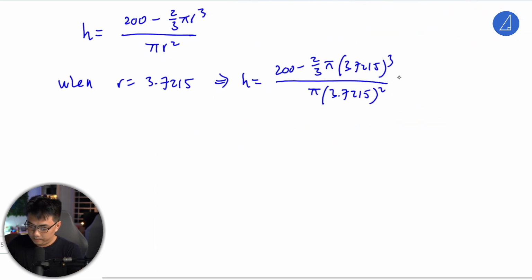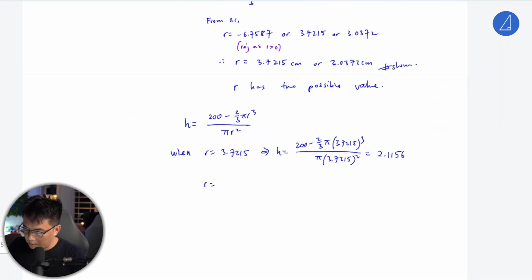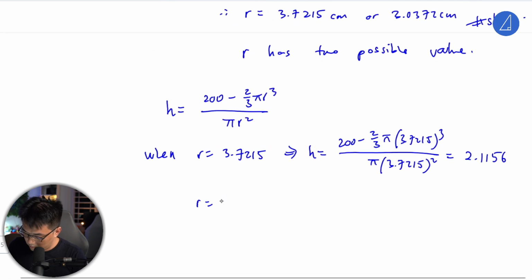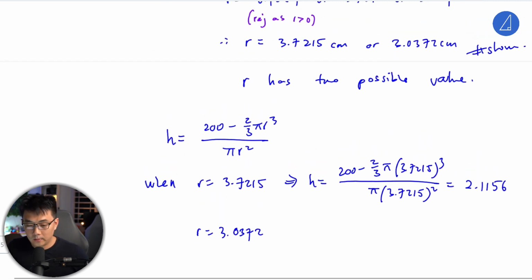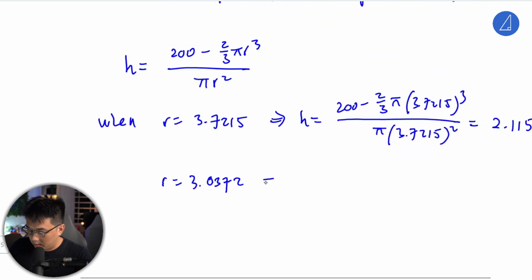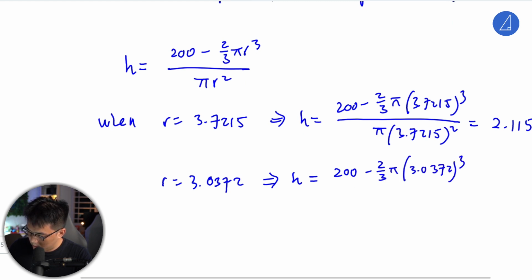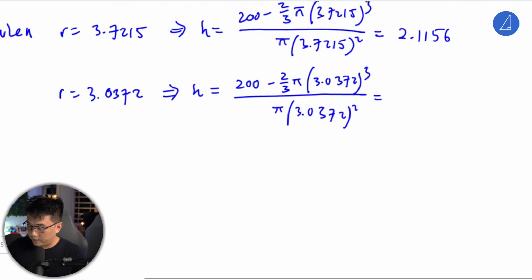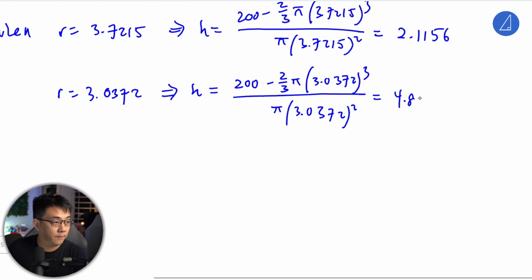This would be 2.1156. Then when R equals the other one, then in this case here will be 4.8765.